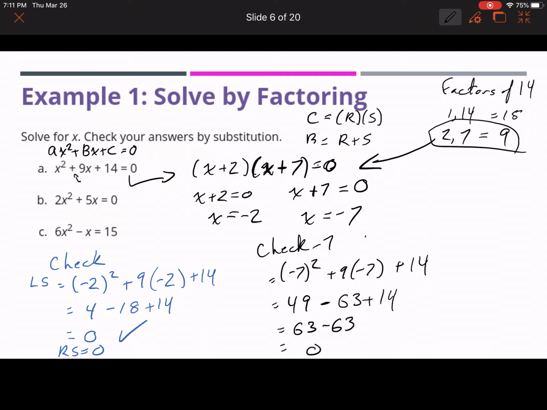So left side equals right side. Again, so that's why we do our checks, because sometimes we find the right answers and still put in the wrong answer.